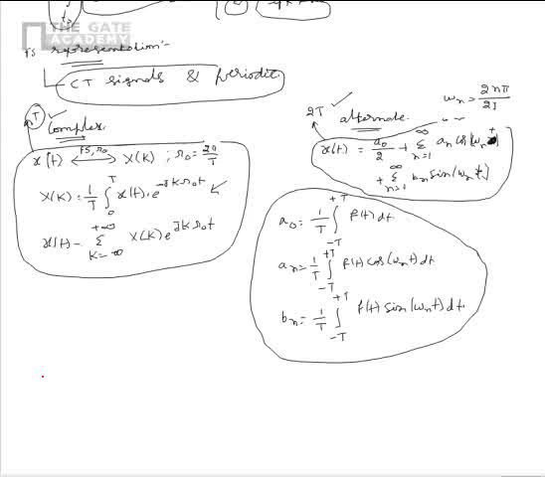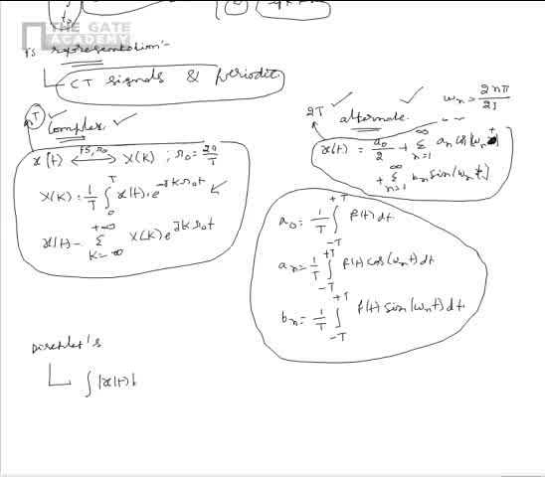Now, we will look into the necessary conditions that should be satisfied for the Fourier representation to exist. That is, for the Fourier series representation to exist either in complex form or in alternate form, there are some conditions to be satisfied, which are called Dirichlet conditions. The first condition is x of t is absolute integrable over one period.